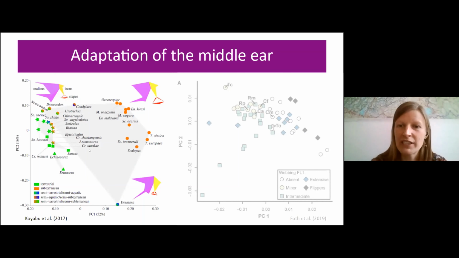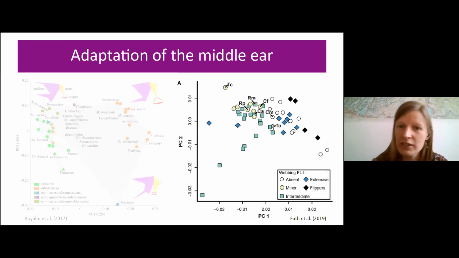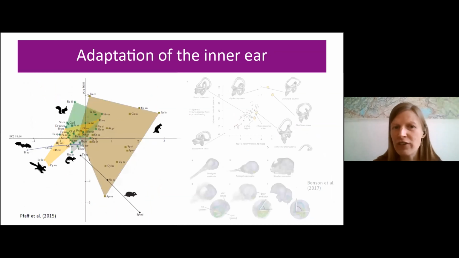ecology. Whereas in non-mammals, for example, in turtles, the different colors and symbols correspond to different kinds of turtle ecologies, and you see that there is not a very consistent pattern separating the different kinds of adaptation in turtles. For the inner ear, you have a similar thing.